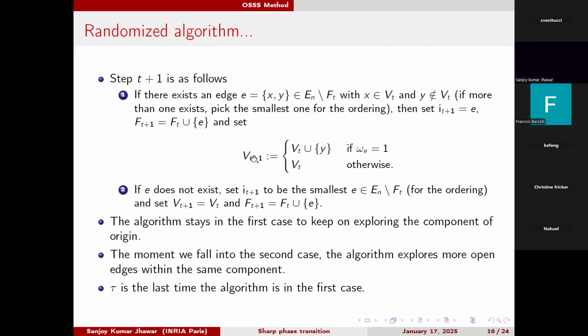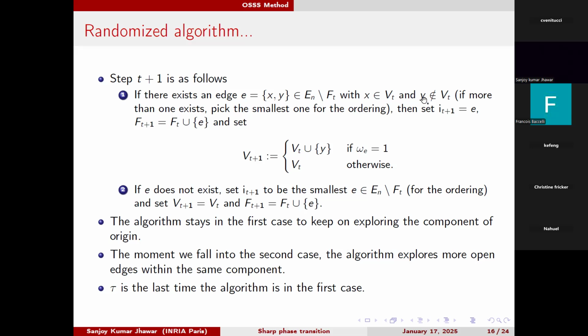Then you grow the set of edges F by including this particular edge, and you update your set of vertices by including this unexplored vertex y. If it is open, then you include it, otherwise you don't include that. And if at this step of the algorithm such an edge does not exist, that means what?